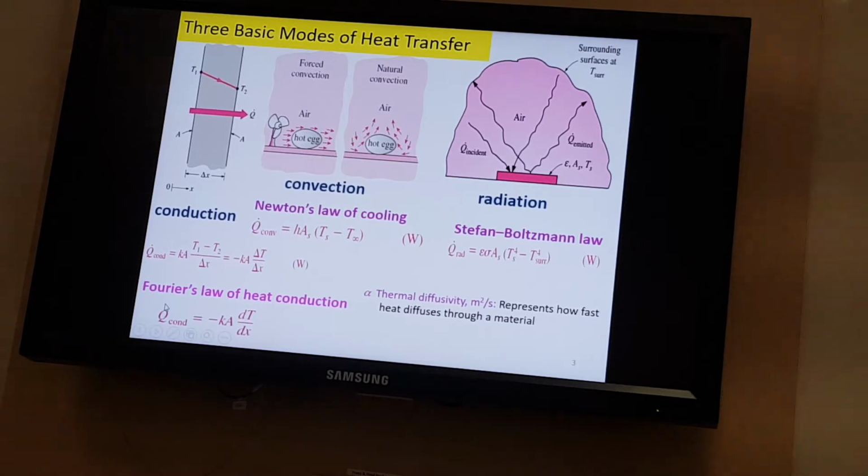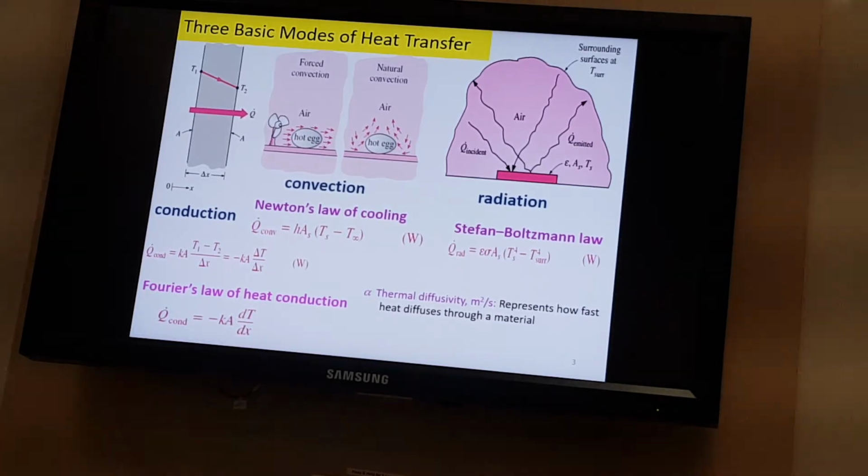a French scientist in the 18th century. If you are interested, you can Google his biography or just refer to the textbook, right? He showed that the heat transfer rate, capital Q dot, is a linear function of the temperature gradient, right?